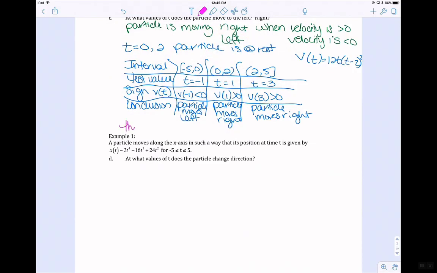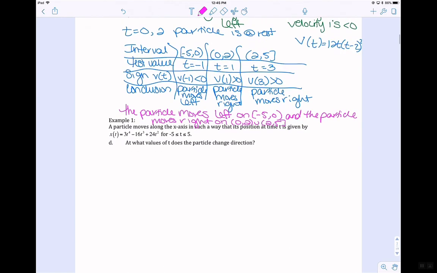So the particle moves left on -5 to 0, and the particle moves right on 0 to 2 union 2 to 5.